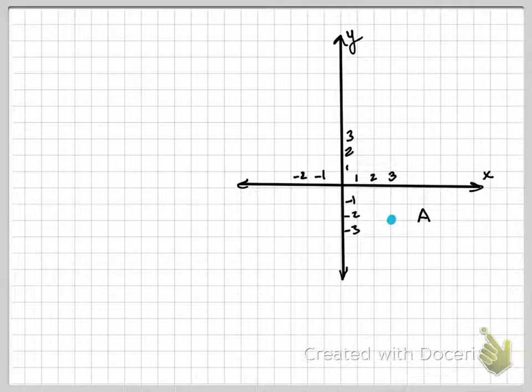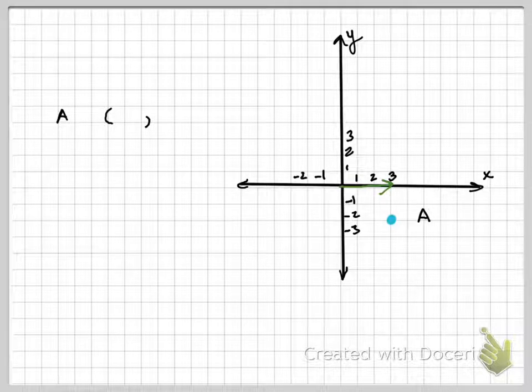Okay, and someone asked me for the coordinates of A. So again, remember we write our ordered pairs like this. Okay, so I'm leaving a space in between those 2 parentheses for my x and y value. Well, let's look at this. In order to get to this blue dot, first I had to go to the right 3 units, didn't I?